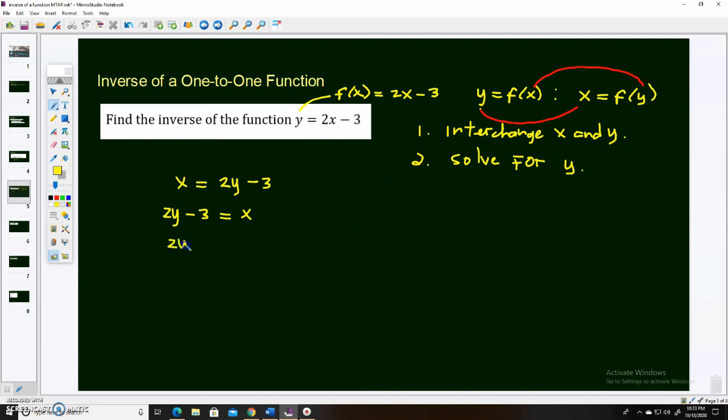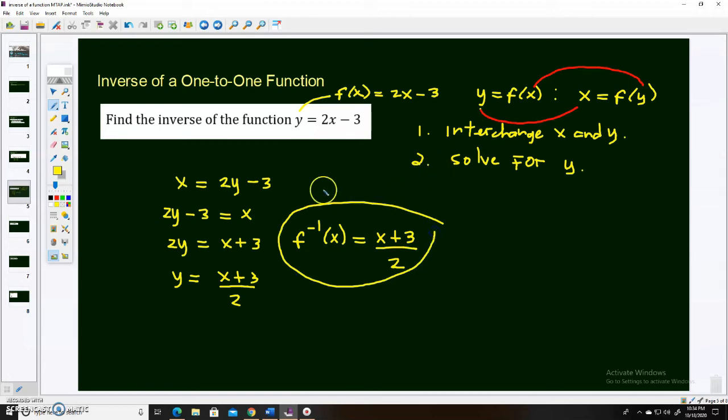I add 3 to both sides, and you get 2y is x plus 3. Divide by 2: y is x plus 3 over 2. Let's rewrite our final answer. That's y, or our f of x, then our inverse is x plus 3 over 2.